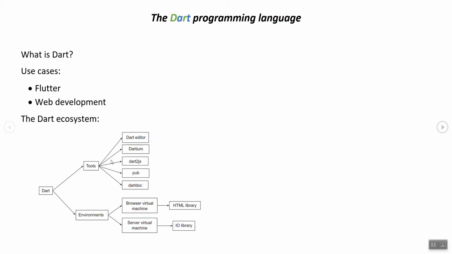And another tool that the Dart ecosystem has is Dartium. Dartium is a Chromium-based web browser used for running Dart code. In comparison to Chromium or Chrome, the difference is that inside Dartium you can run Dart code without needing to recompile it to JavaScript.